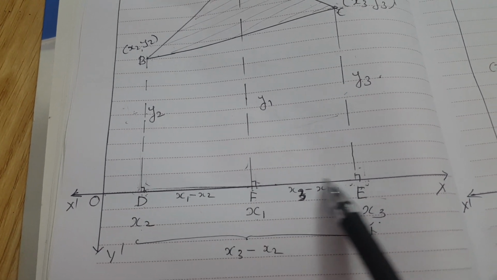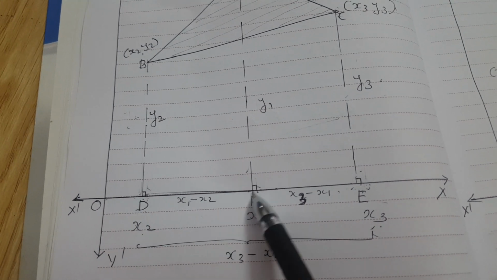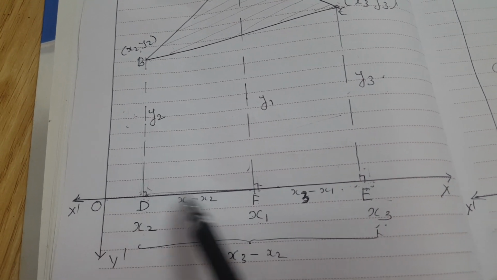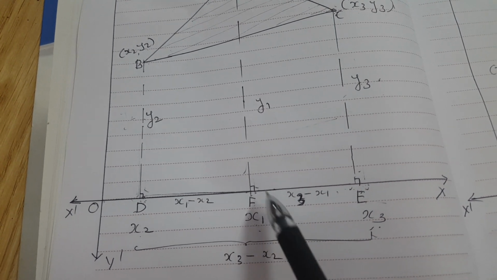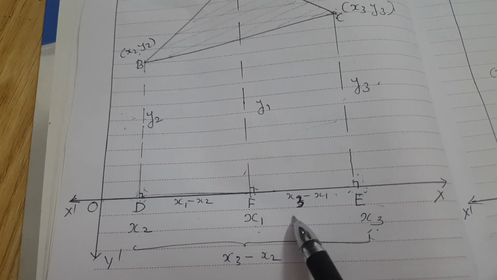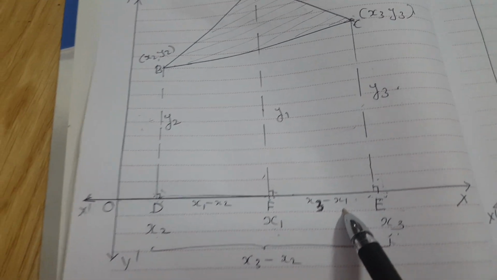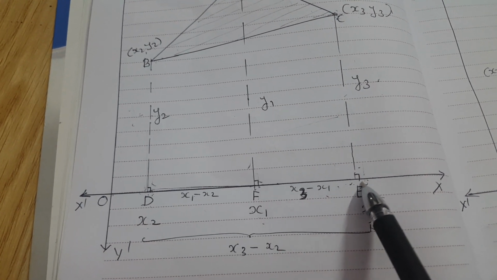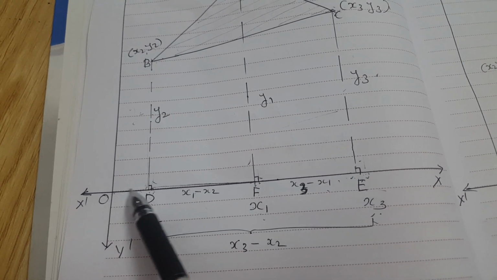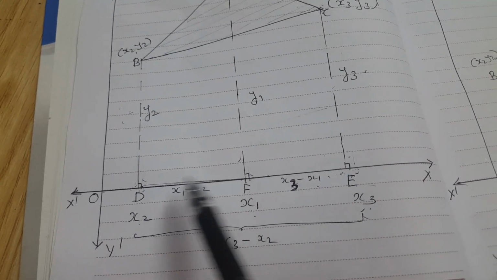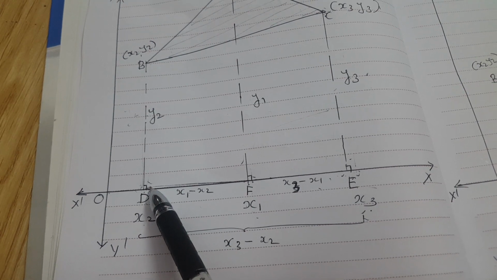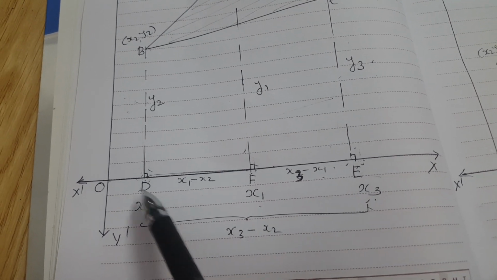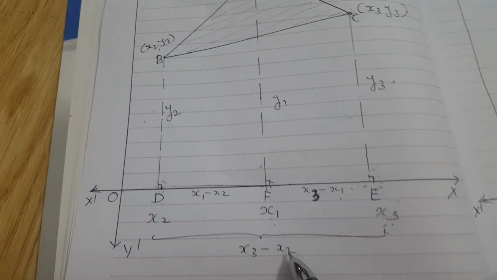FE is OE minus OF. OE is x3 and OF is x1. So FE is x3 minus x1. Similarly, what is the length DE? DE is the total length OE minus the length OD. So it is certainly x3 minus x2.